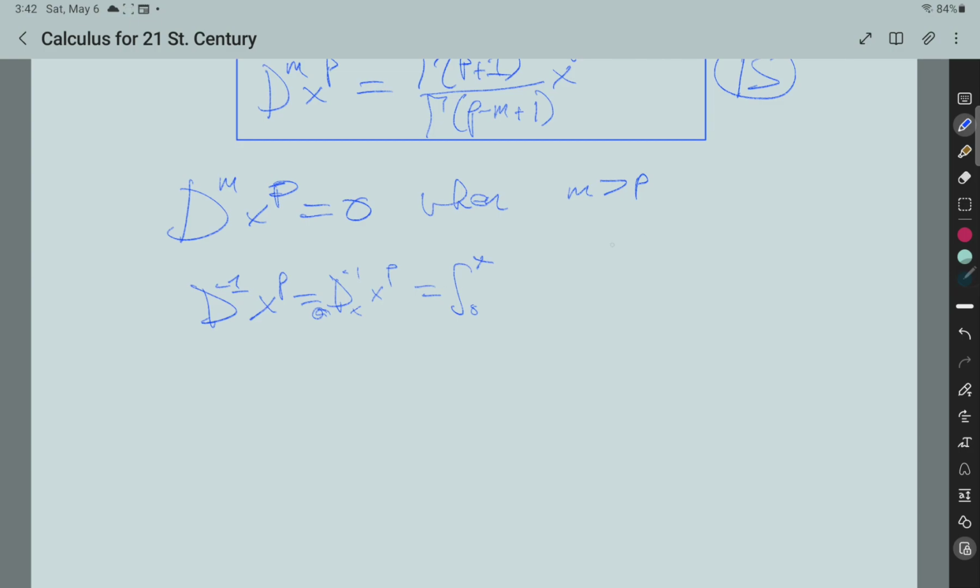So I'm going to replace x by c because it's just a dummy variable. So c to the p dc. So when you integrate this, you get c to the p plus 1, and then divide it by p plus 1. Evaluate it from 0 to x. So therefore this is equal to x to the p plus 1 over p plus 1.